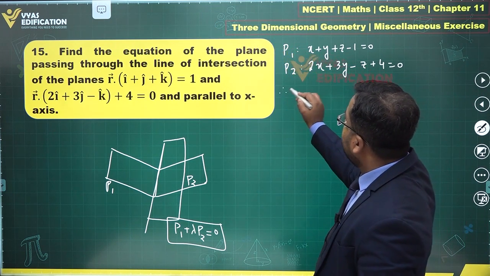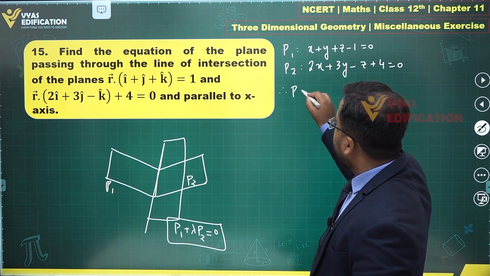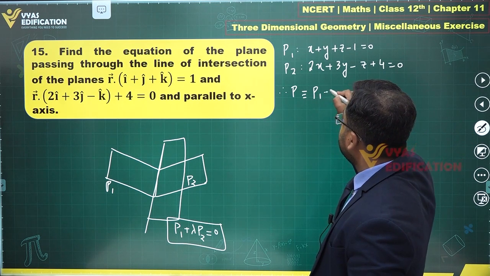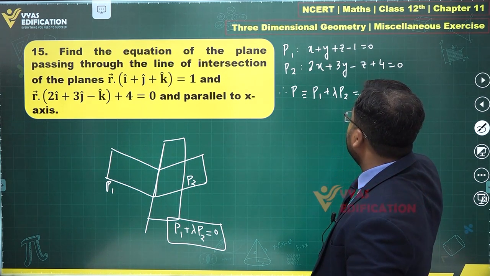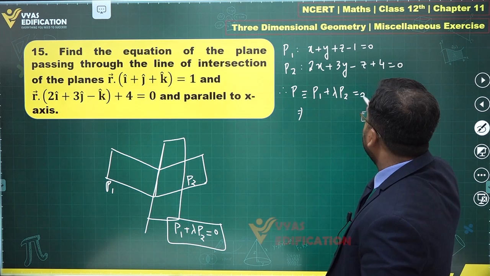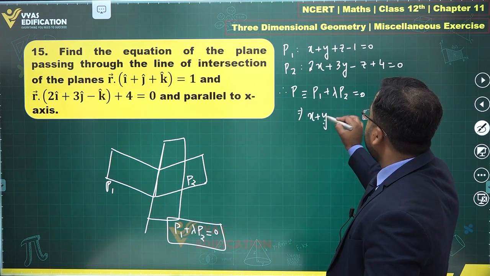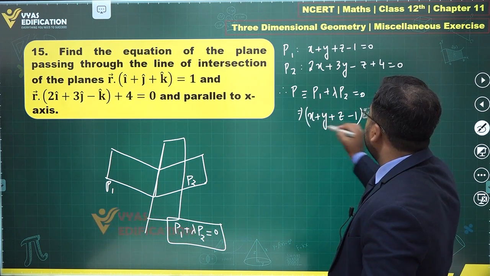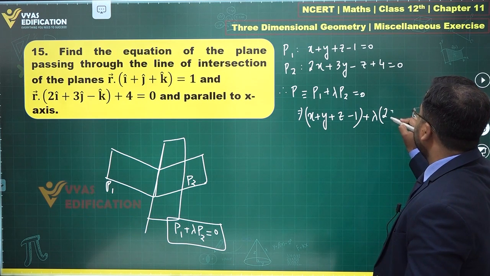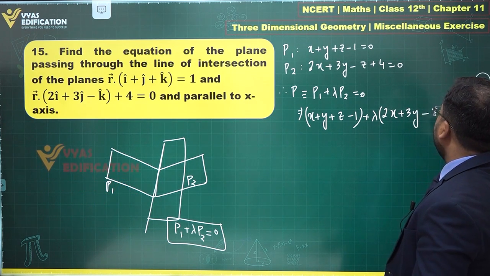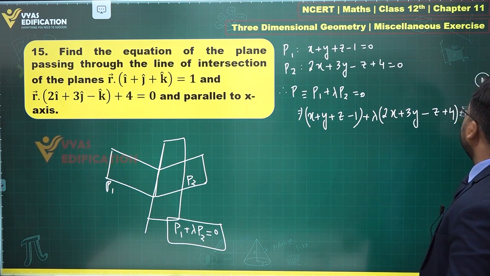Therefore, the new plane P will have equation P1 plus lambda P2 equals 0, which gives me x plus y plus z minus 1 plus lambda times 2x plus 3y minus z plus 4 equals 0.